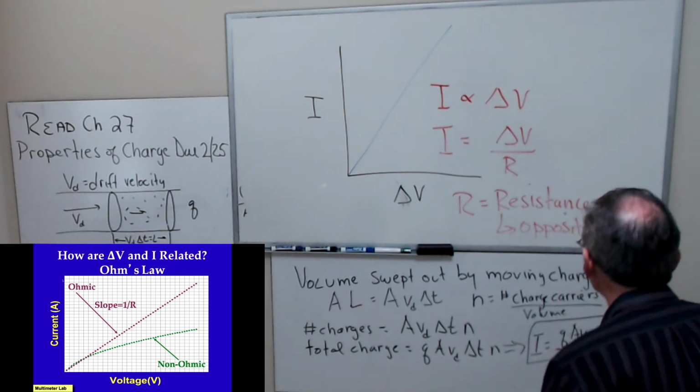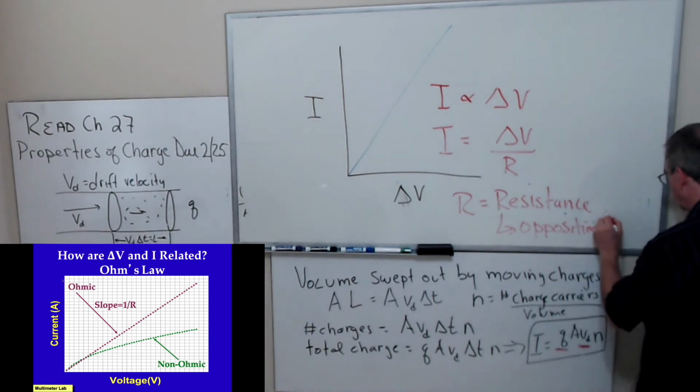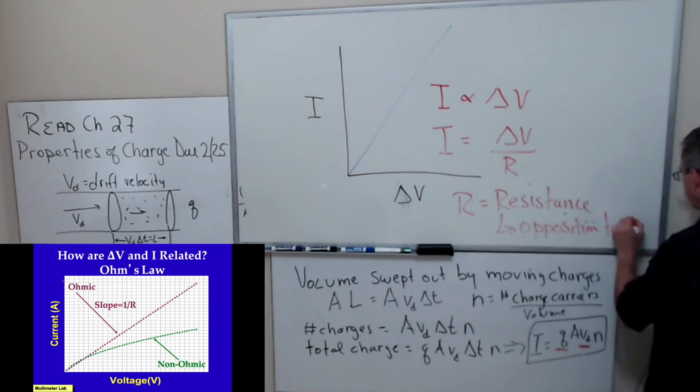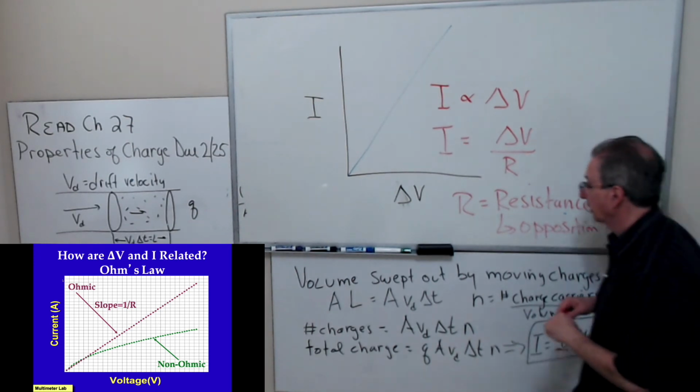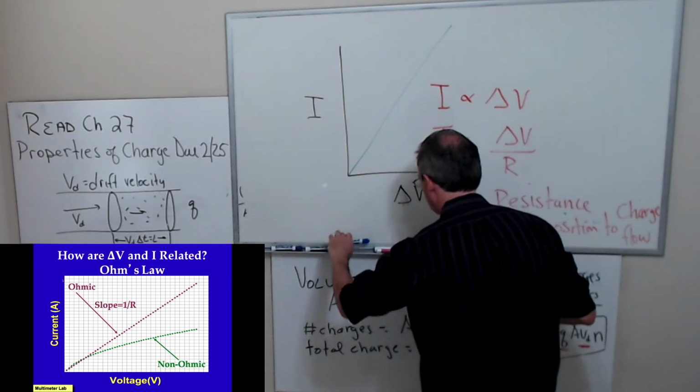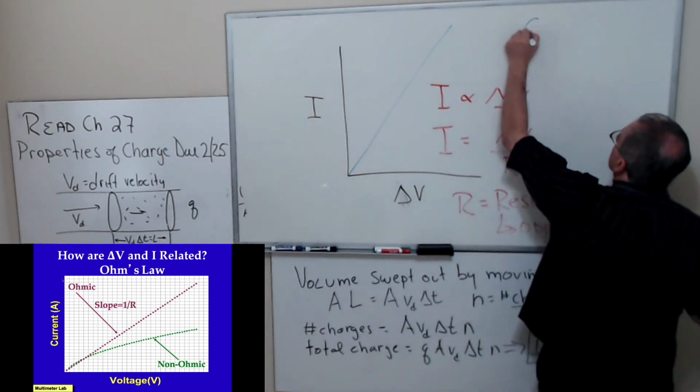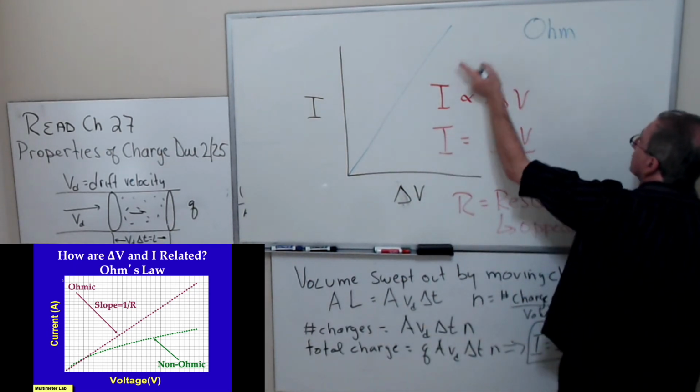It's fine, okay. So it's a measure of opposition to current, the charge flow. Okay. Here's the thing. George Ohm discovered this.